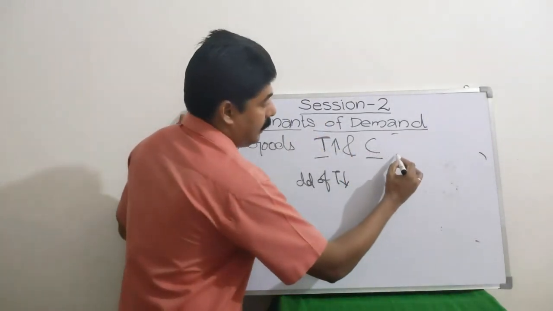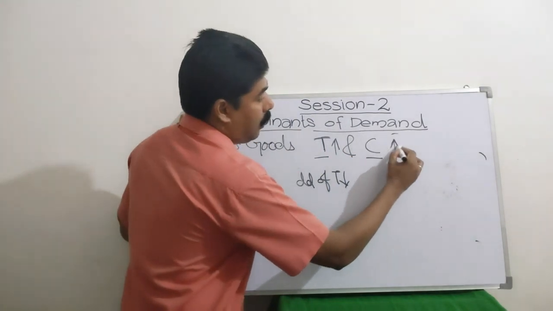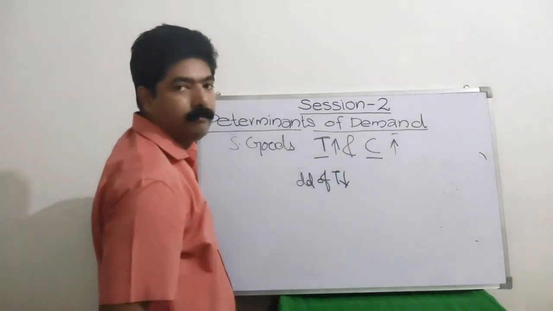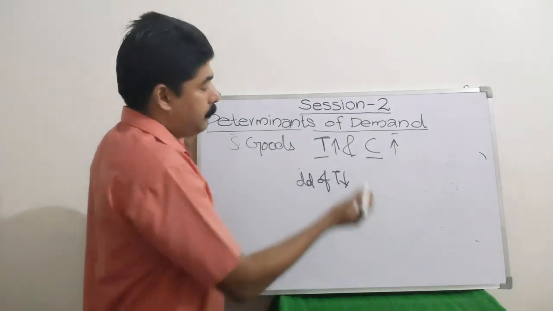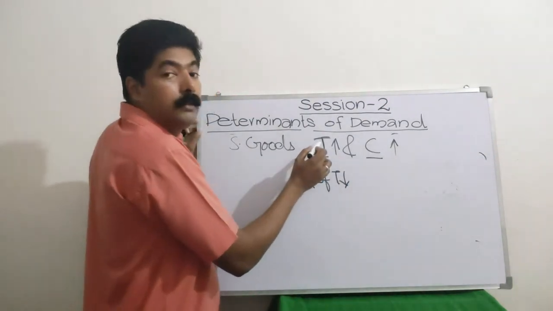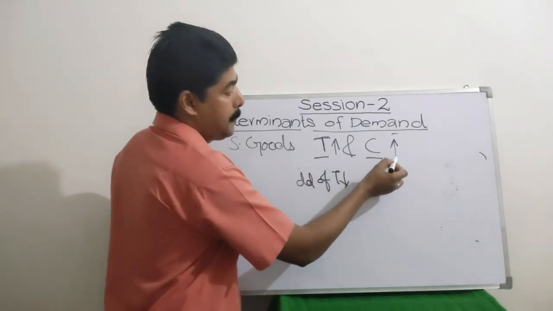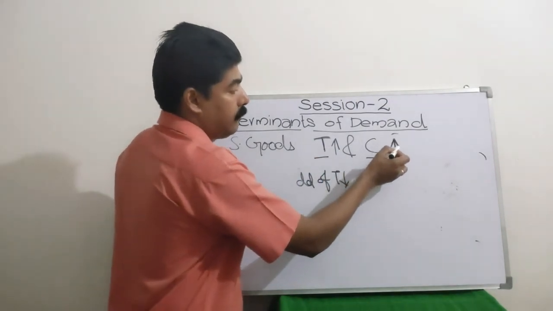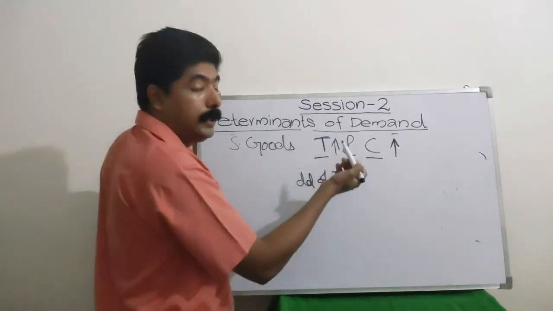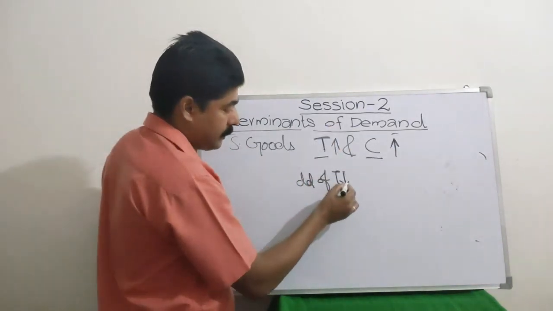Therefore, the demand for coffee increases. Is that clear? When the price of tea increases, the demand for coffee increases, whereas the demand for tea decreases.